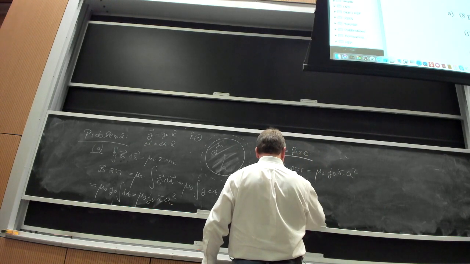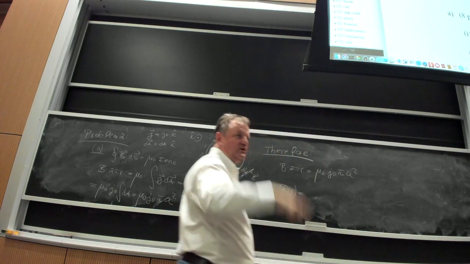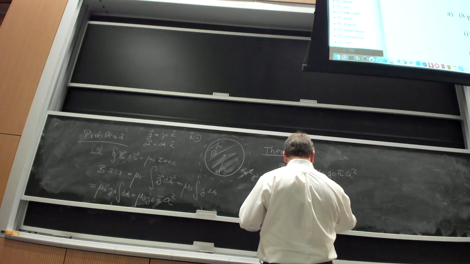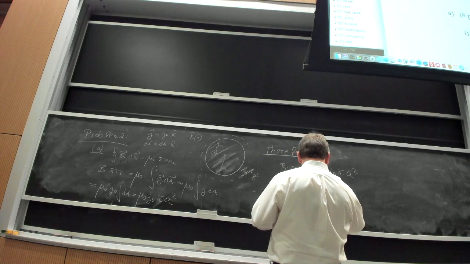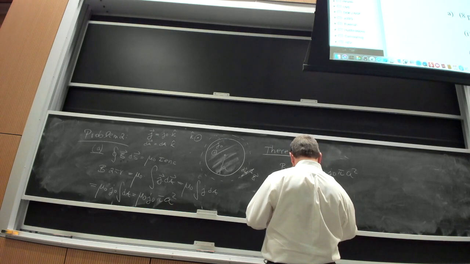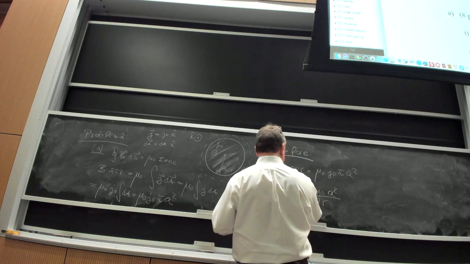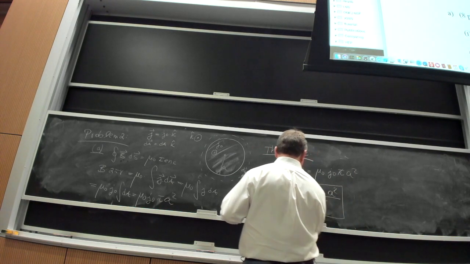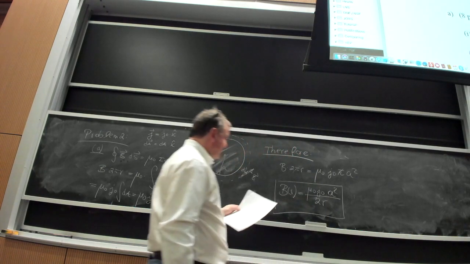And so therefore B has this typical 1 over r radial dependence, which is mu naught J naught a squared divided by 2r. And the pi here cancels out. So that concerns the magnitude.